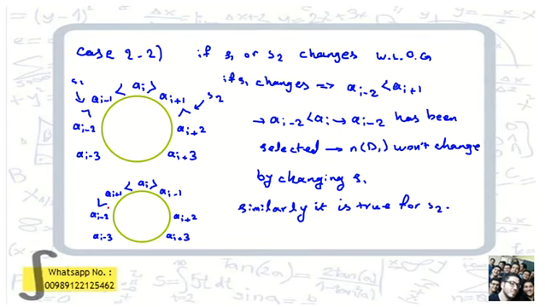Then a_{i-2} is less than a_{i+1} because S1 has been changed, and a_{i+1} is less than a_i, so a_{i-2} is less than a_i. So a_{i-2} has been selected, and n(d1) won't change by changing S1 because both of them have been selected.